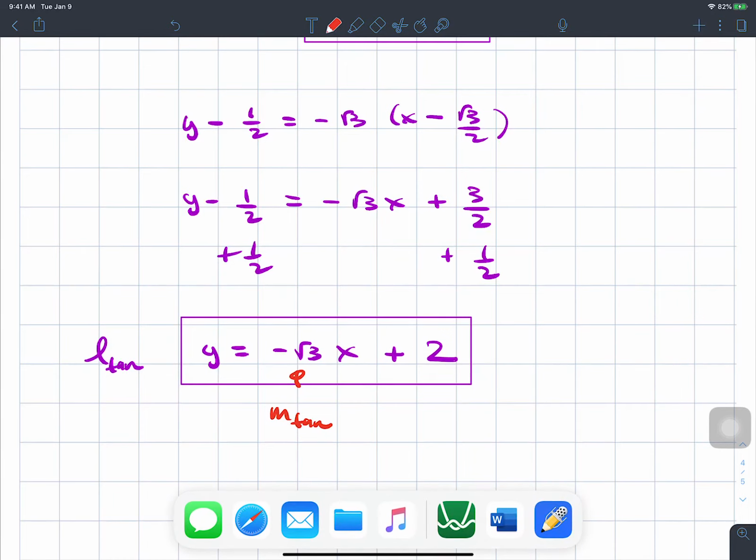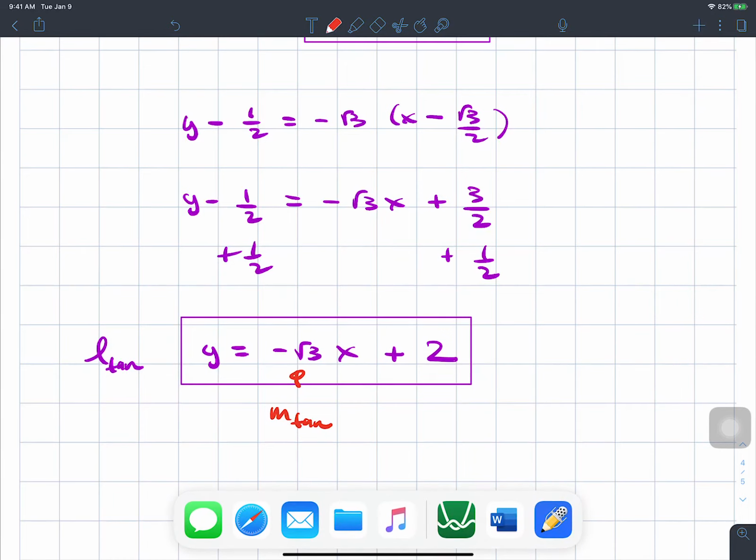Remember, this location is actually x is square root of 3 over 2, and y is 1/2. And that makes some sense here. So if I can draw a line, can I rotate this at all? Is there any way to rotate this so I can draw a nice line?